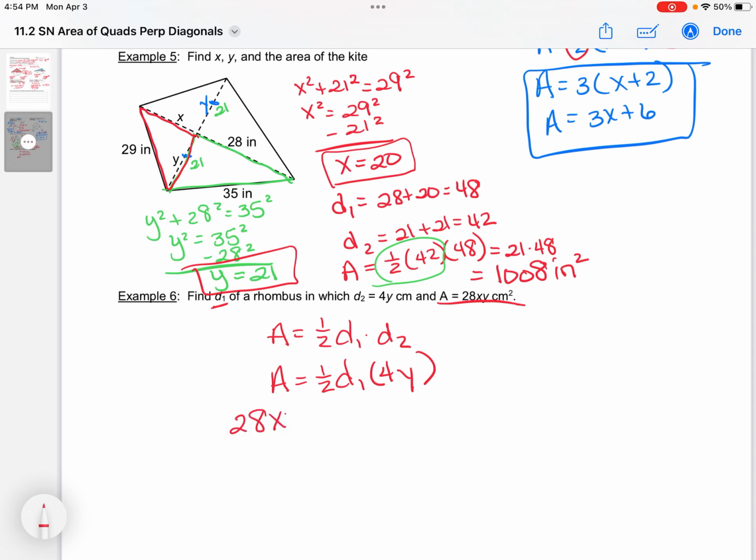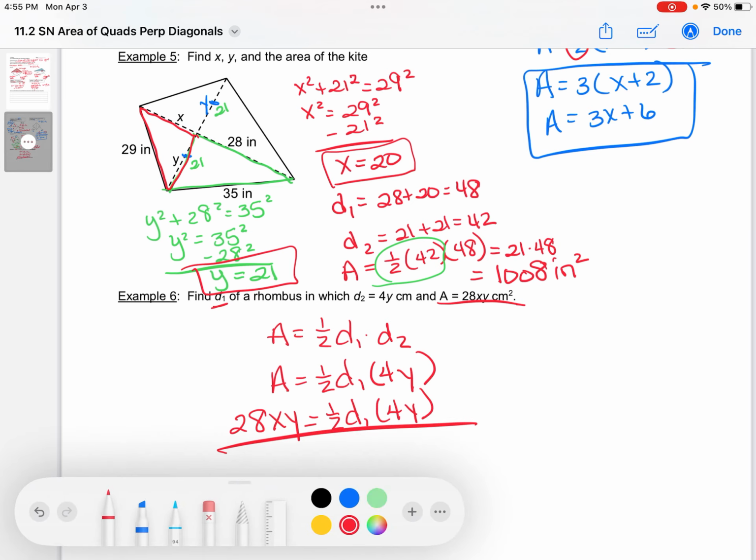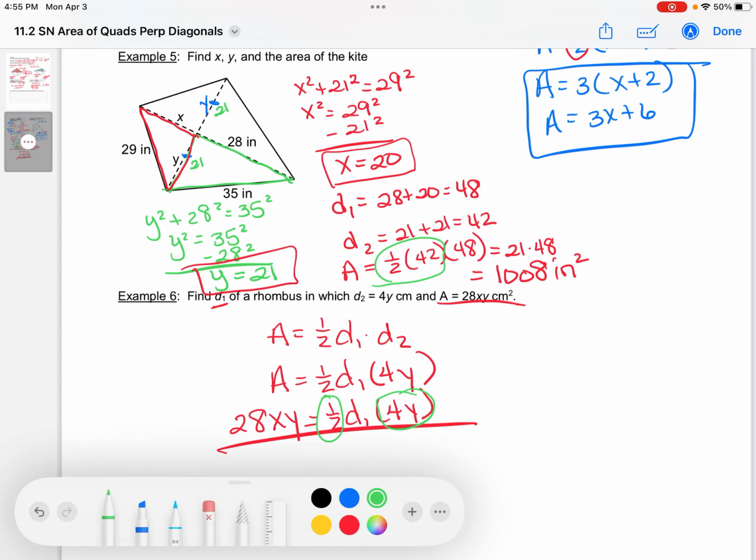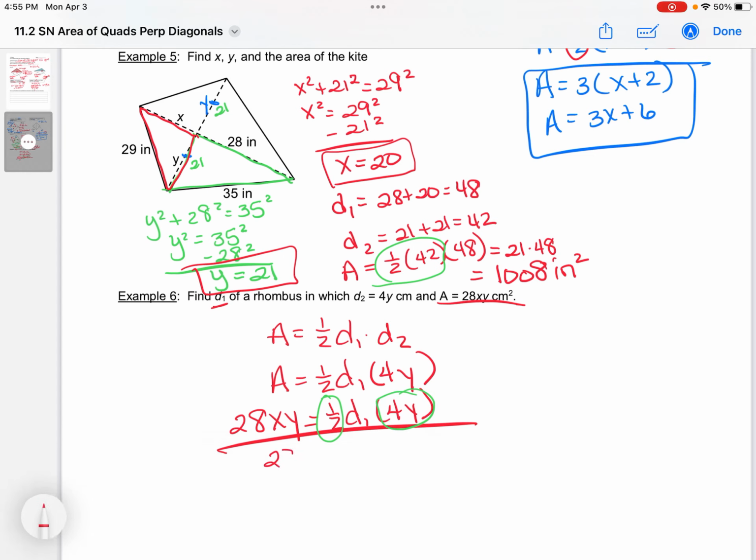So my area is 28xy equals 1/2 diagonal 1 times 4y. So I can multiply my 1/2 and my 4y together, which means I have 28xy equals D1 times 2y.